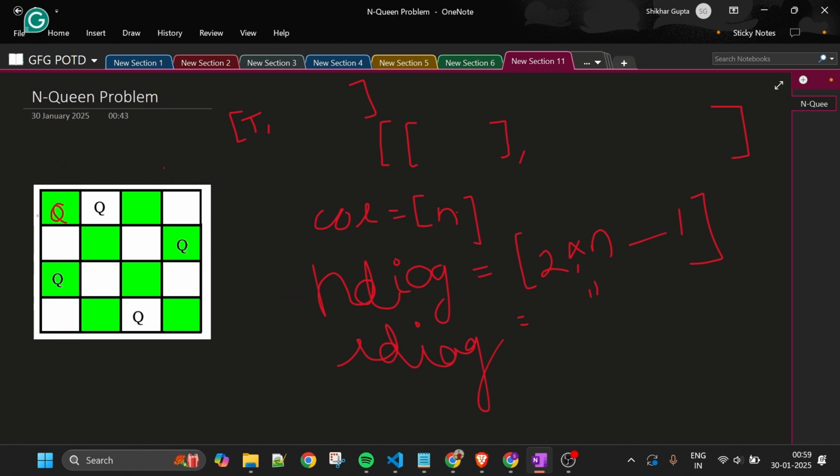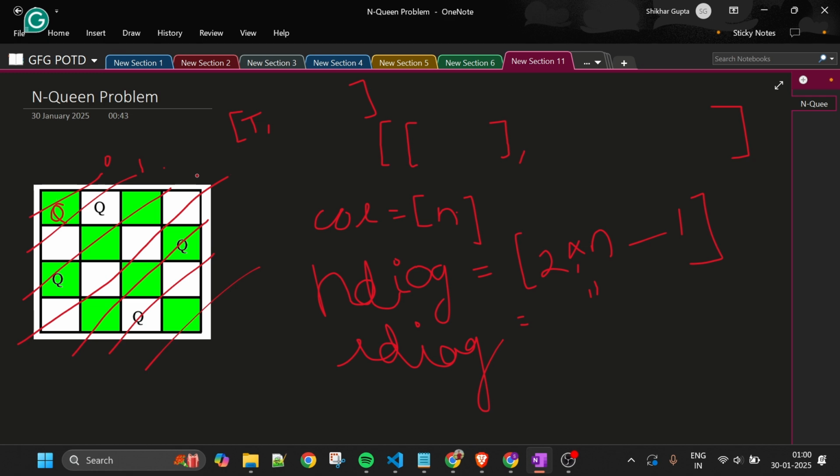The possible diagonal values will be: row plus column here is 0, row plus column here is 1, row plus column here is 2, and row plus column here is 3.